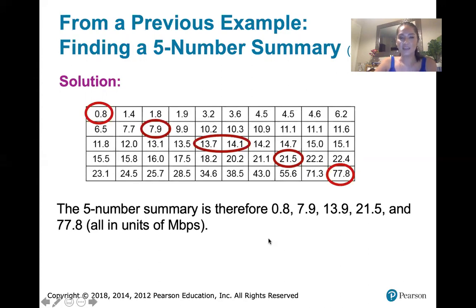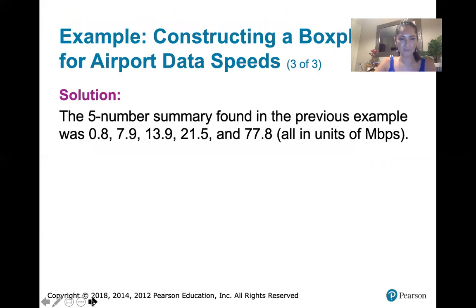It's also the median. Then we've got our 75th percentile, which is the third quartile at 21.5, and the maximum was 77.8. All of these are in units of megabits per second. So if I want to graph these, this is what it would look like.